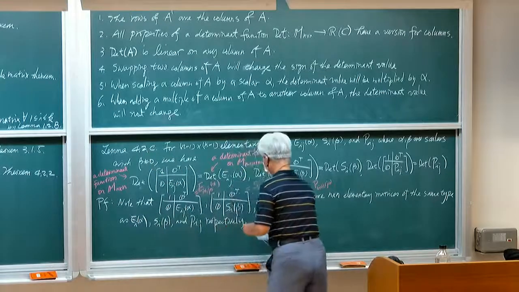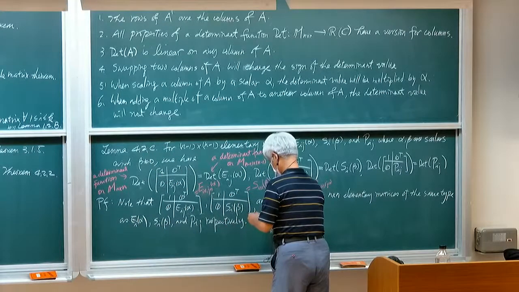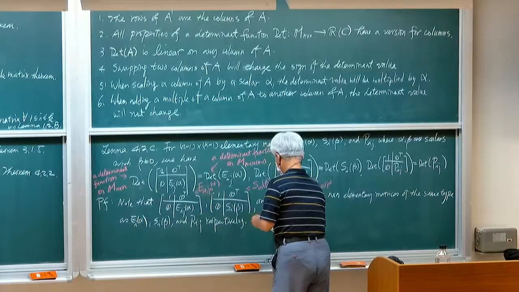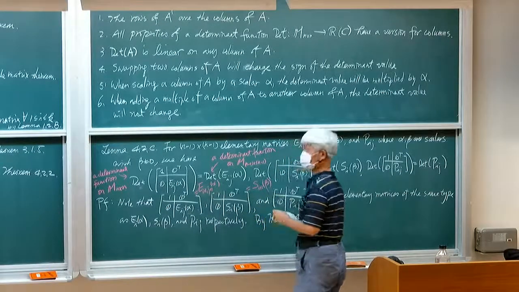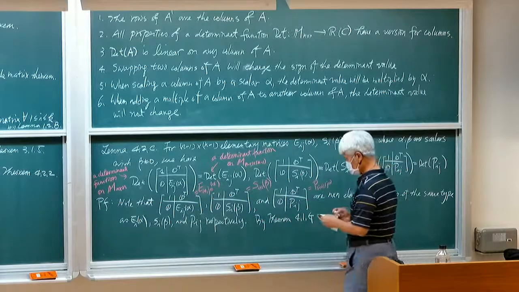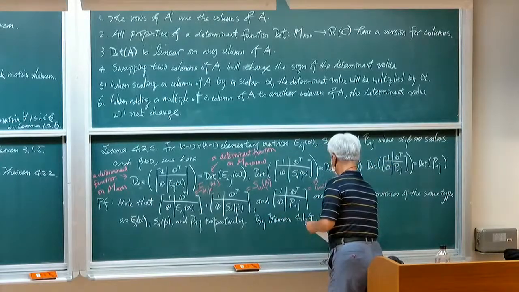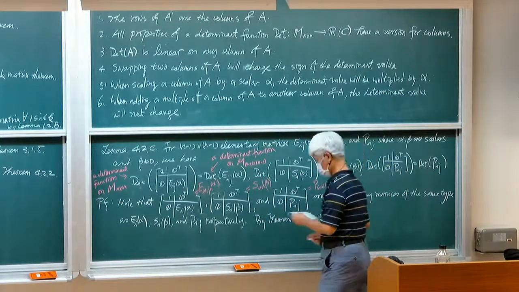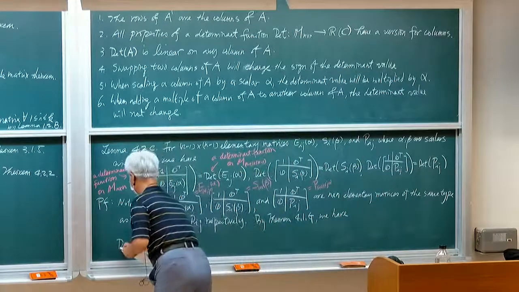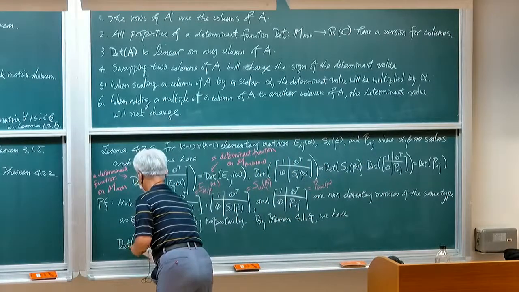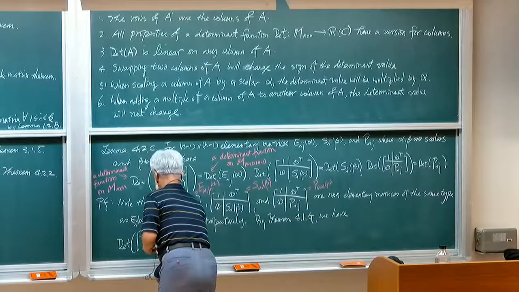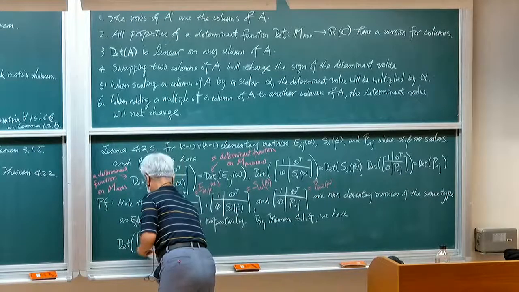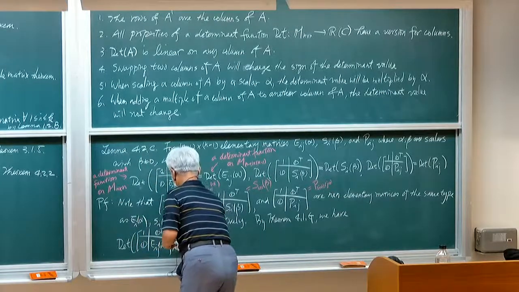All right, so by Theorem 4.1.G, the last theorem in Section 4.1, we have the determinant of this bigger matrix is equal to 1.